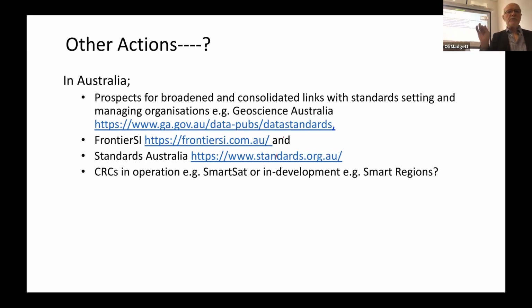So Ollie left me with two questions. What other actions? Well, in Australia, I see prospects for the broadened and consolidated links with standards setting and standards managing organisations like Geoscience Australia. And I see on their website, they have active links with several other organisations, particularly around geocoding, geo-related coding, but also things like Standards Australia.